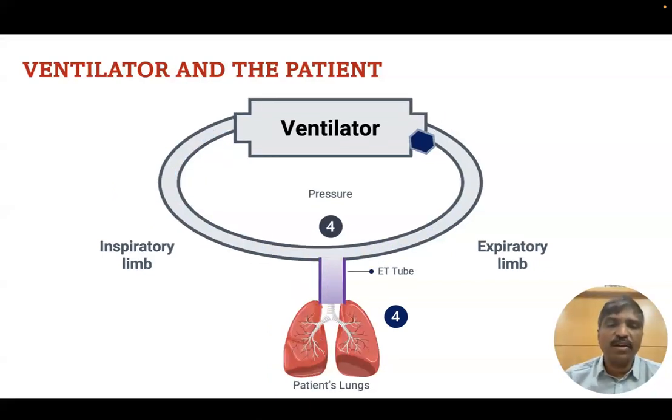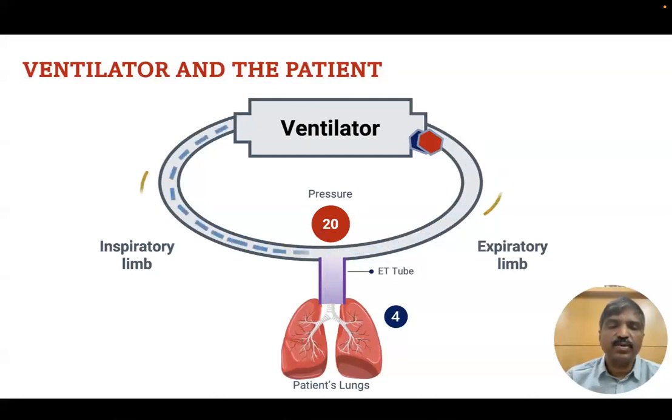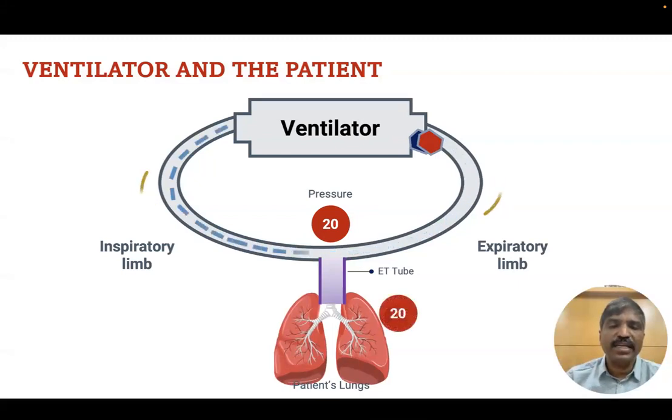Now we increase the level of obstruction. When we increase the level of obstruction, the gas flow is constant, and the pressure in the circuit rises. From 4, it has come to 20. So this is something like a PAP pressure. Since the pressure in the circuit is high, the gas will continue to flow into the lungs. The lungs will expand, and the pressure in the lung becomes 20.